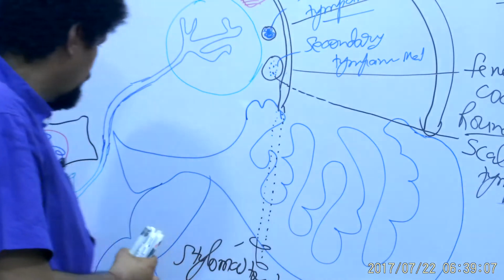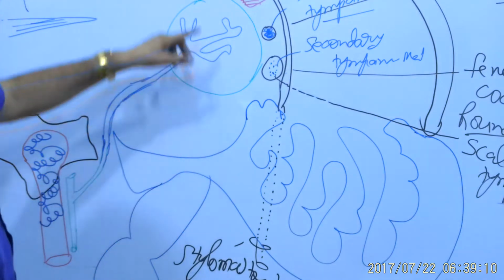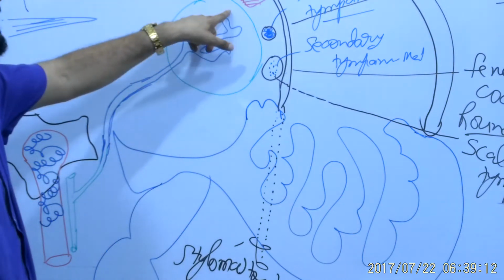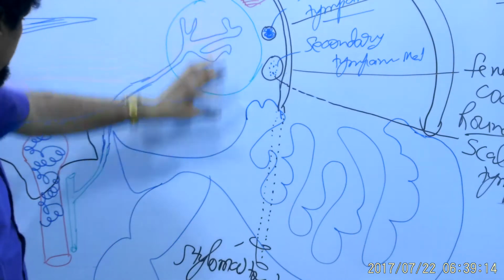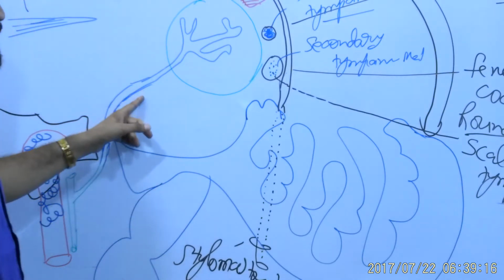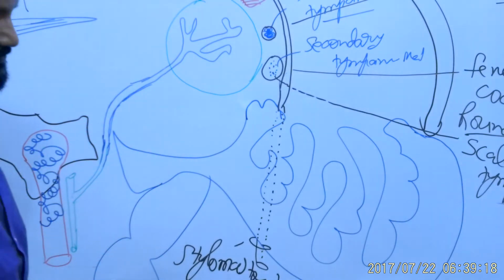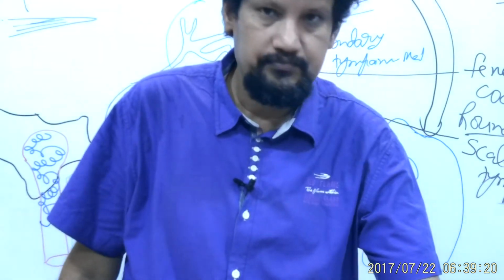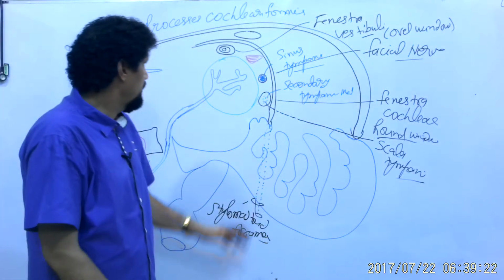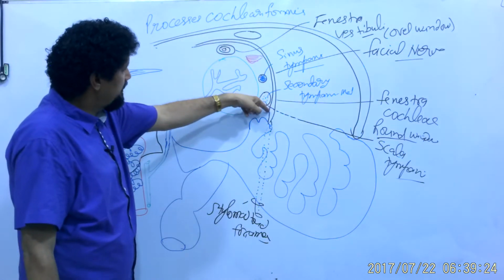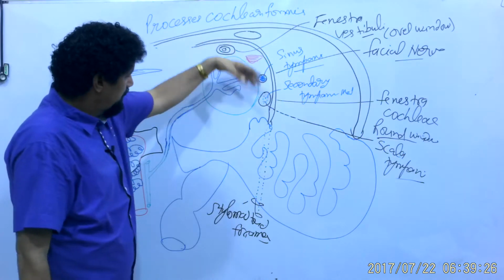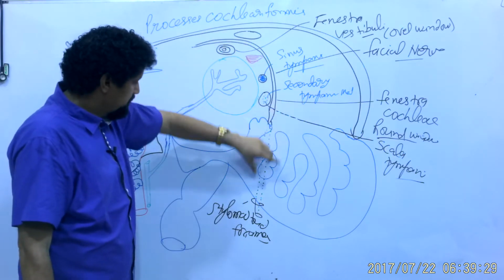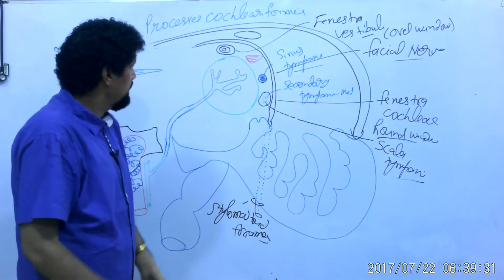So, in the medial wall, we can see the promontory which is grooved by the tympanic branch of the glossopharyngeal nerve. The facial nerve running downward, backward, and leaving the skull through the stylomastoid foramen.